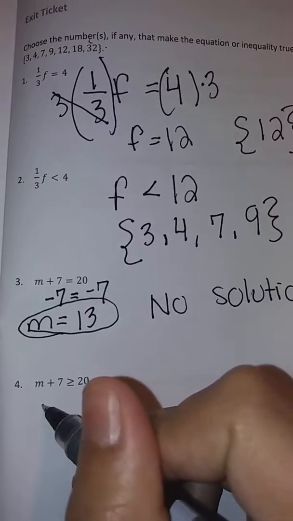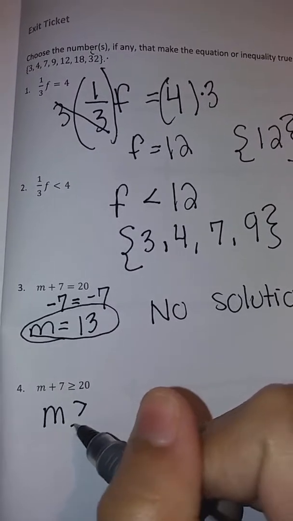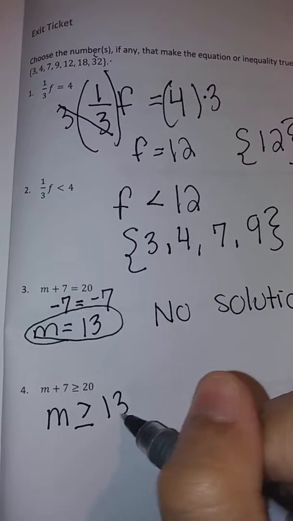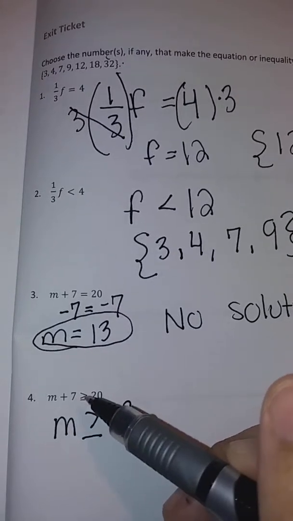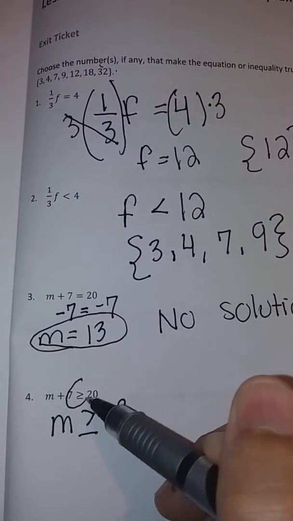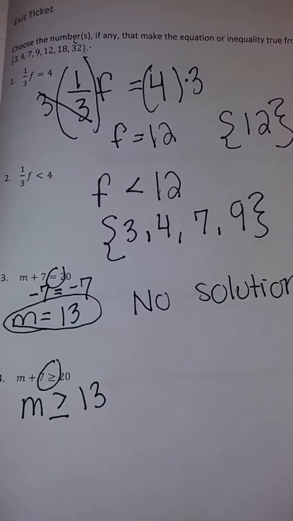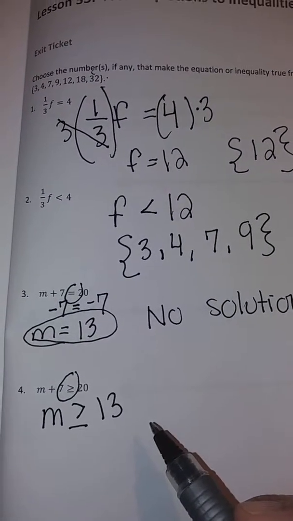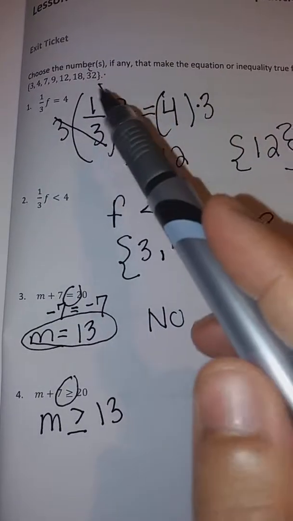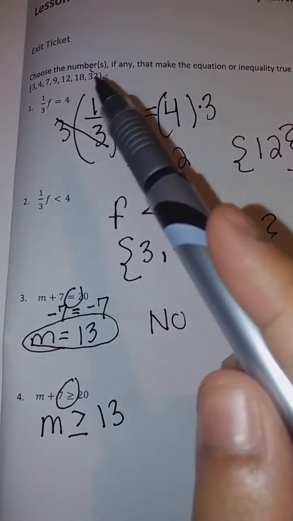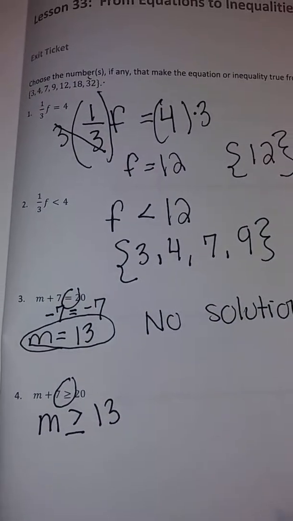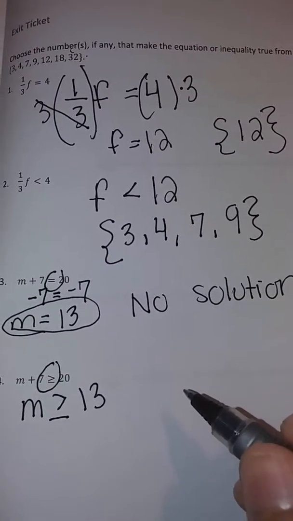Let's go ahead and try this one. This one would be m is greater than or equal to 13. It's the same problem, but where they get you at is that the sign changed. Some of you guys were not looking at that sign. So m is greater than or equal to 13. So you're going to go over here and check to see, is there anything greater than or equal to 13? So 13 is not there, but there are greater numbers.